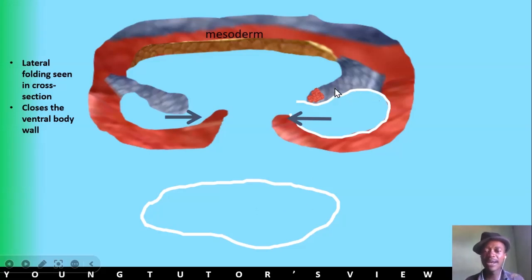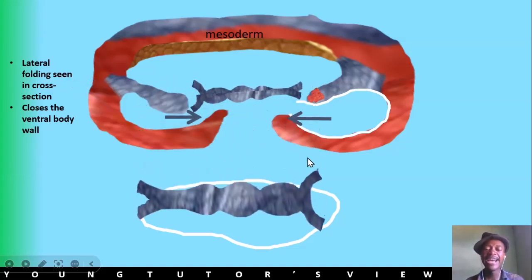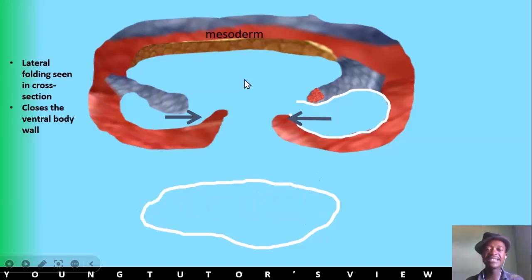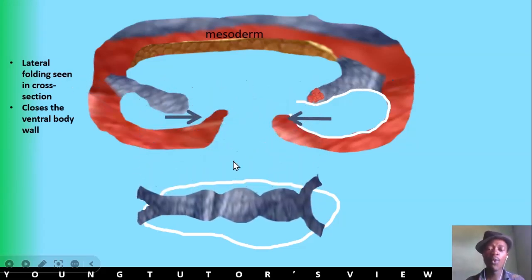So let's see what is happening again. Because of the lateral foldings, these endocardial tubes will be forced to come together and form one heart tube like this. I'm just illustrating what is happening down here. So we have just observed that two endocardial tubes on the left and on the right have come together to form one heart tube like this.